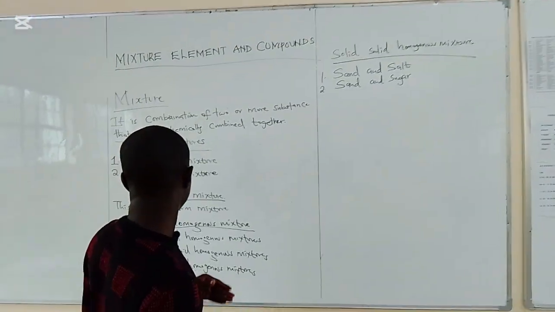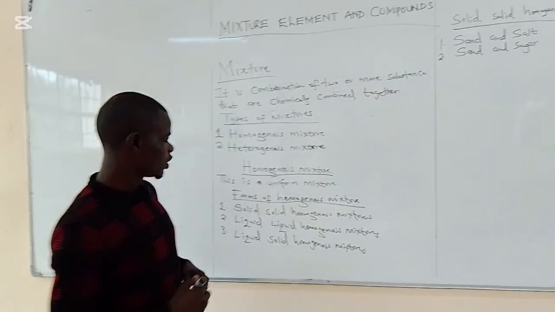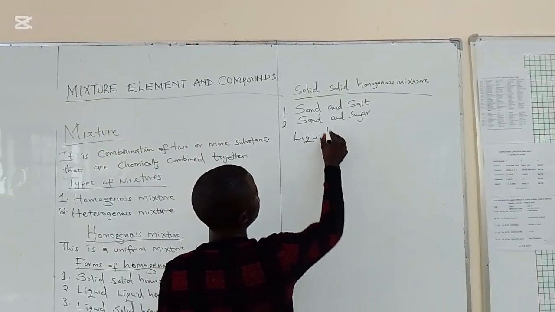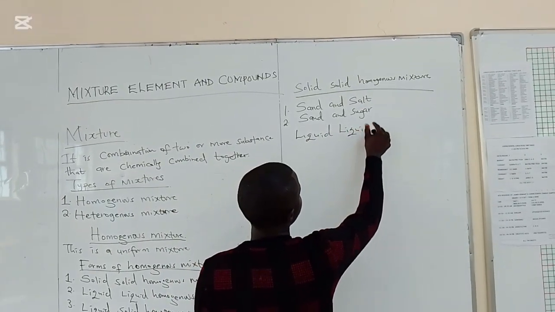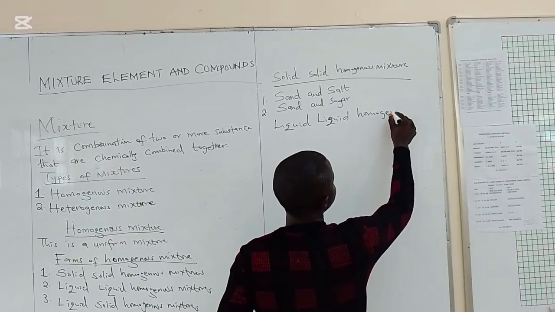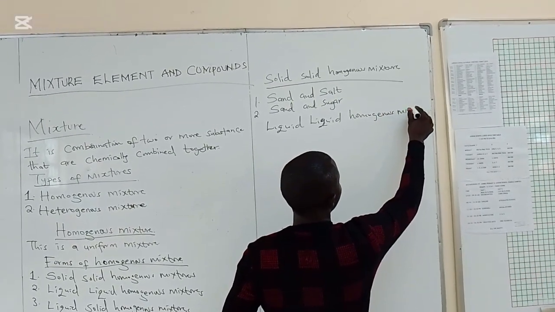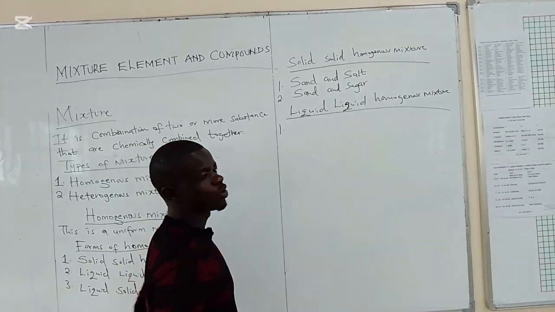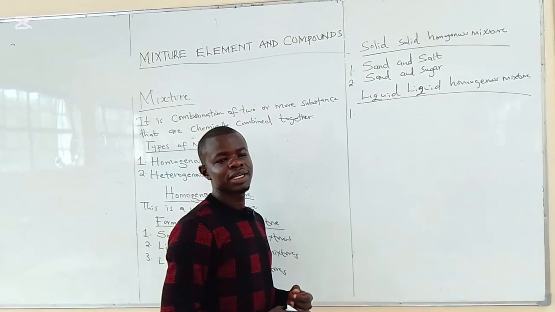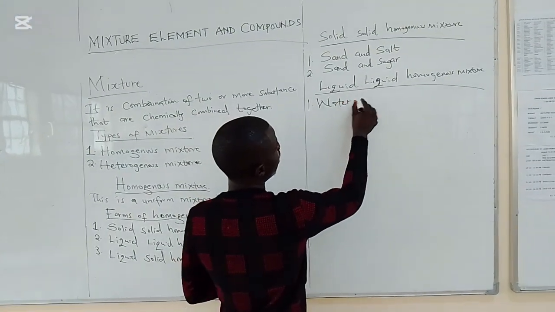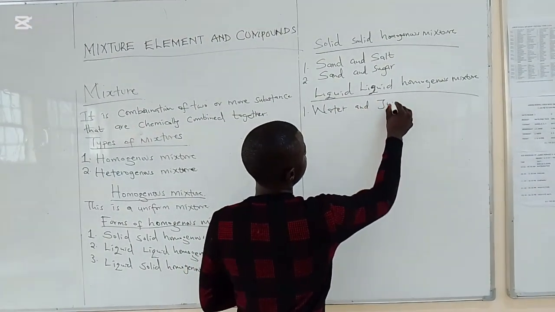If you're talking about the second one here, liquid homogeneous mixture. Number one, we're going to think of something like juice and water. So we take water and juice.